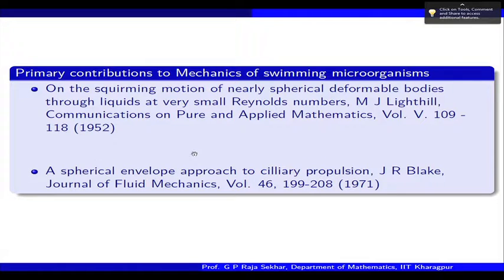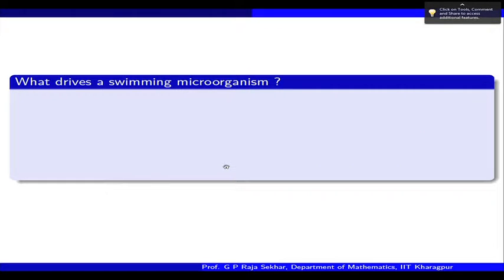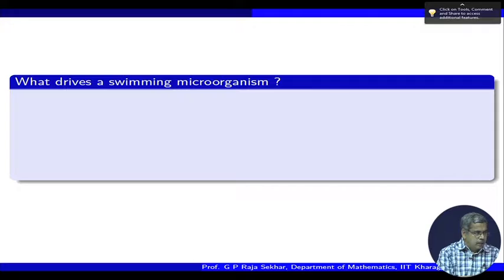You will see what we mean by spherical envelope model very soon. With this foreword we proceed to understand the mechanics of swimming microorganisms, and of course, we will see some examples. The basic question in this regard is what drives a swimming microorganism, and under what circumstances.